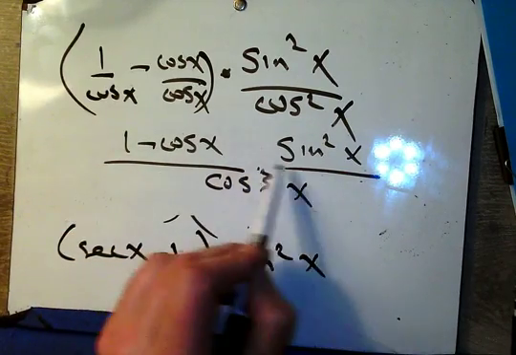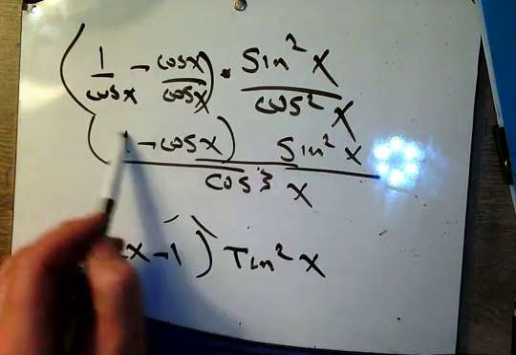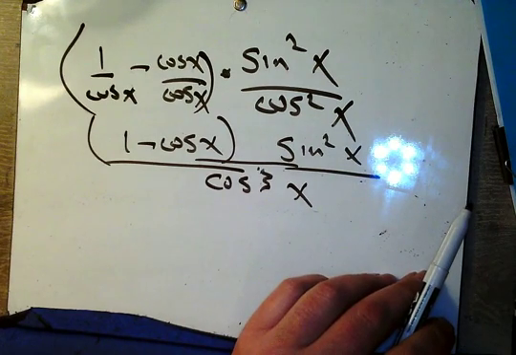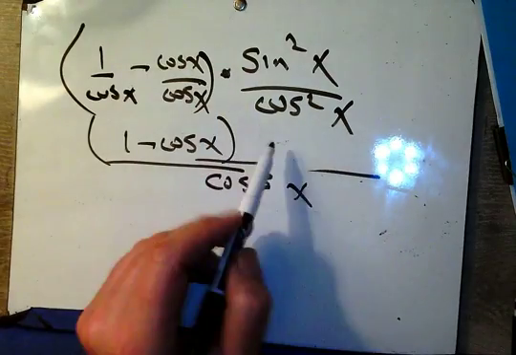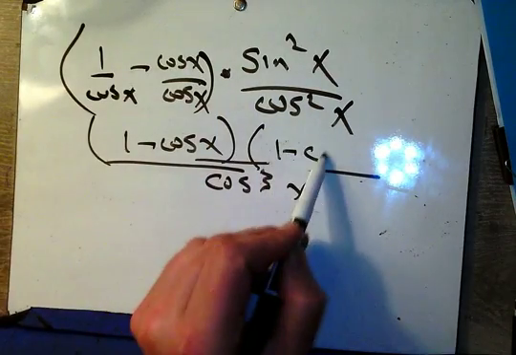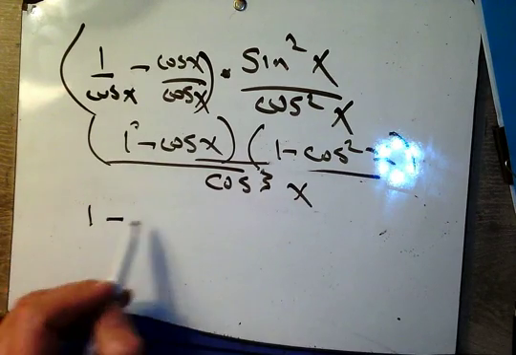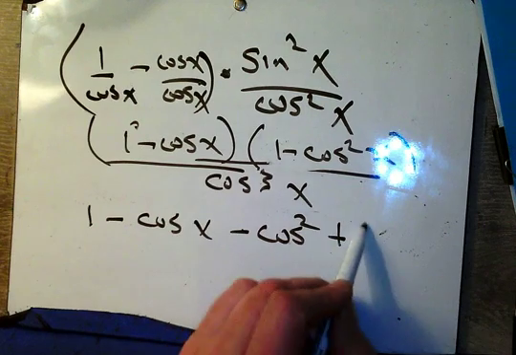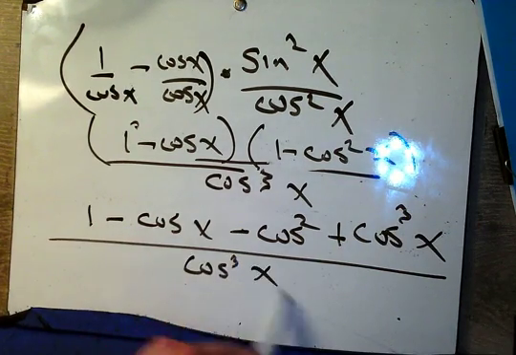Well, cosine times cosine squared, I guess I can write that just as cosine to the third. And on top, the only thing I see to do here is to distribute. I guess I could turn that into 1 minus cosine squared. It's not going to be pleasant. 1 minus cosine squared. And so now I could FOIL 1 minus cosine squared plus cosine to the third over cosine to the third.